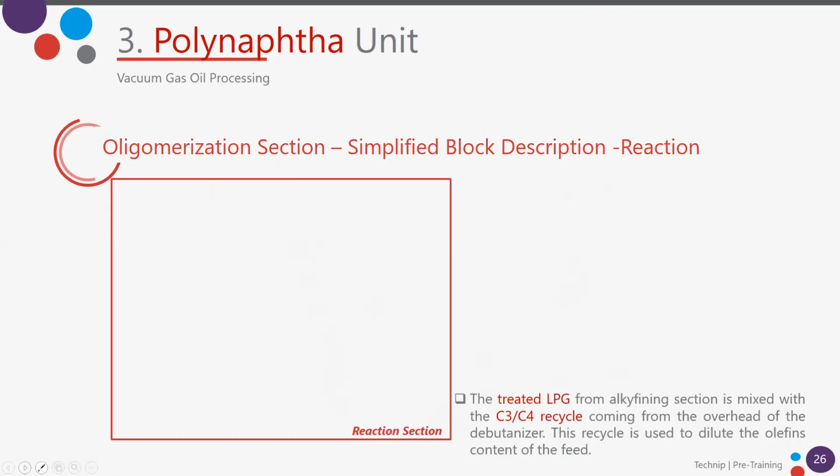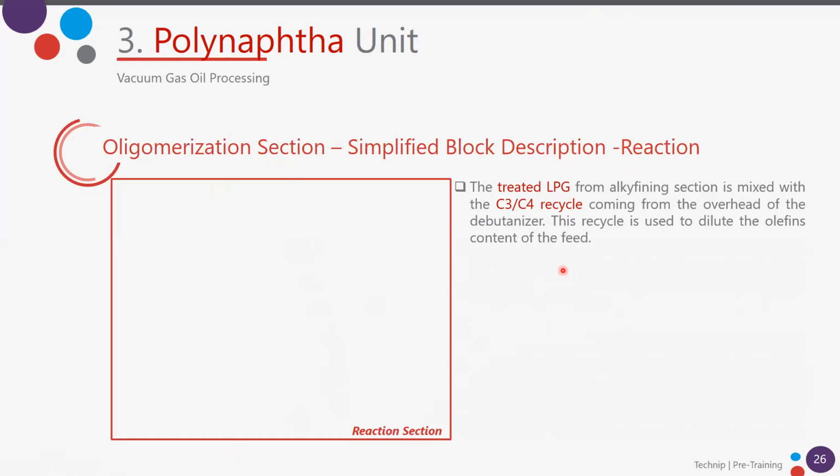So the treated LPG from the previous section, remember the alkylation section, is mixed with a recycle coming from the debutanizer, that is a column that we will see later, and this recycle is used to dilute the olefins content of the feed. Okay, so we have our treated LPG from the previous section, that is the alkylation section. We will have here this recycle from the column, and we will go to this feed surge drum.